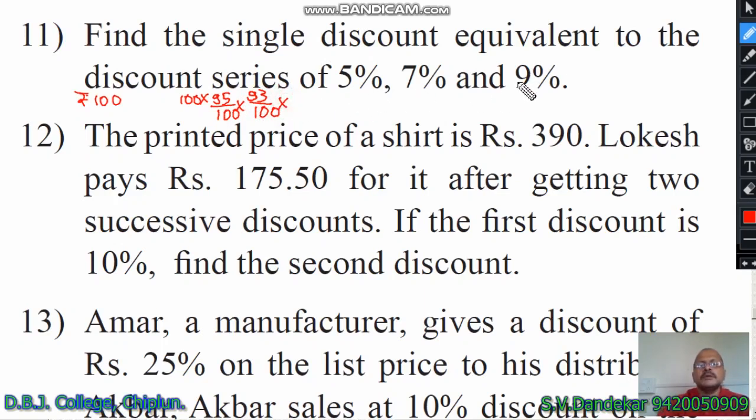And after allowing 9% discount, this becomes 91 upon 100. This works out to be 80.39. So the equivalent discount is equal to 100 minus 80.39. It is 19.61 approximately.